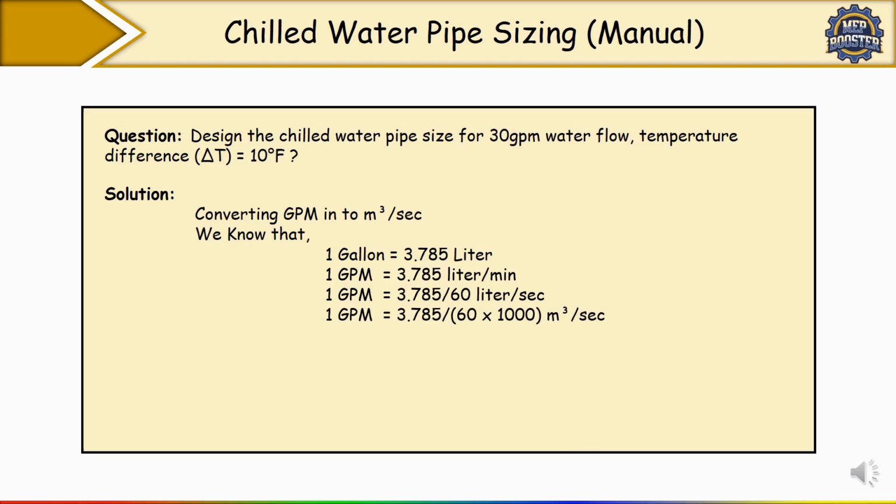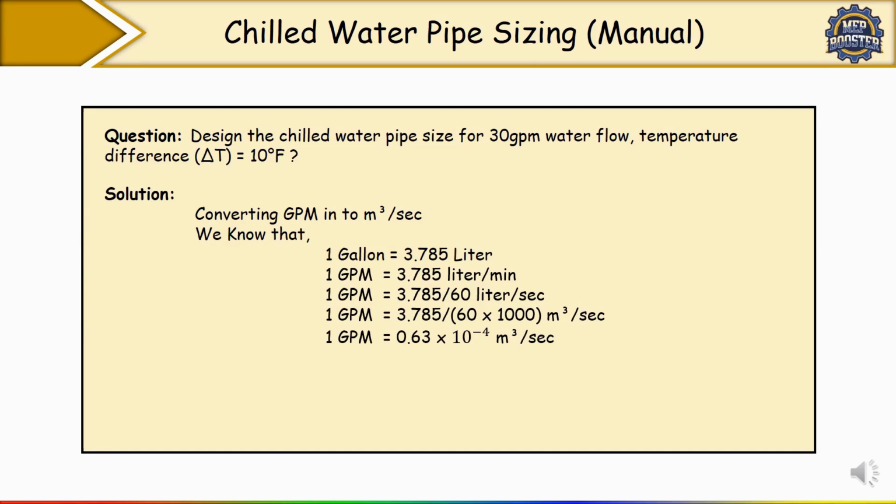And then finally, to convert the liter per second into meter cube per second, all of you know that 1 liter is equal to 10 to the power minus 3 meter cube, so simply I have divided by 1000. We'll get the value around 0.63 into 10 to the power minus 4 meter cube per second. So it means 1 GPM, 1 gallon per minute, is equal to 0.63 into 10 to the power minus 4 cubic meter per second.